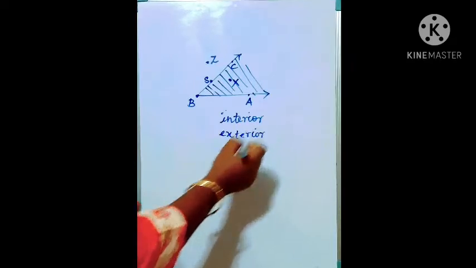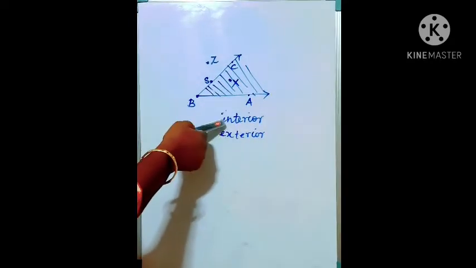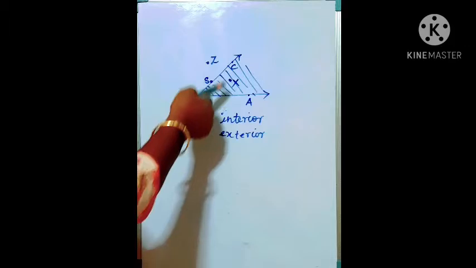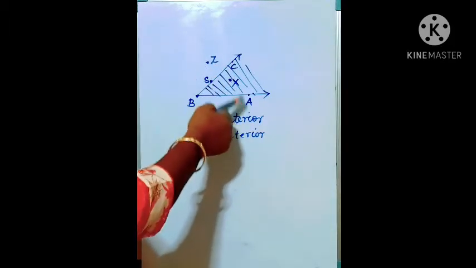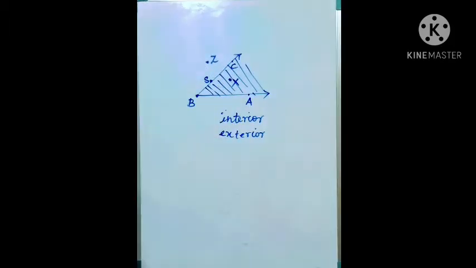Exterior means outside. So now you can say X is in the interior of the angle CBA. Now Z is exterior.